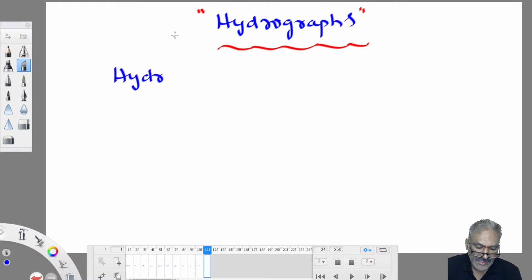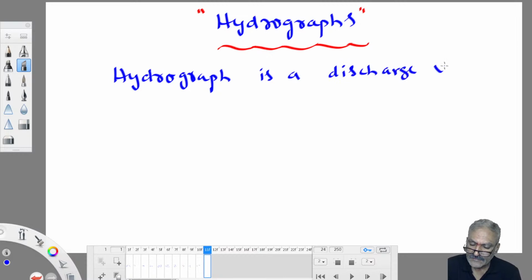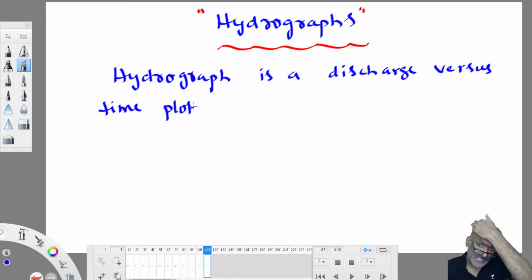It is a discharge versus time plot. What is this discharge, and how is the discharge versus time plot linked to the runoff component? That's what you need to learn.